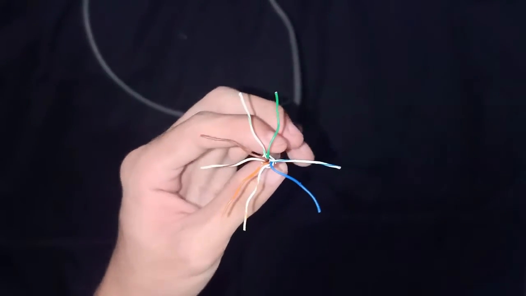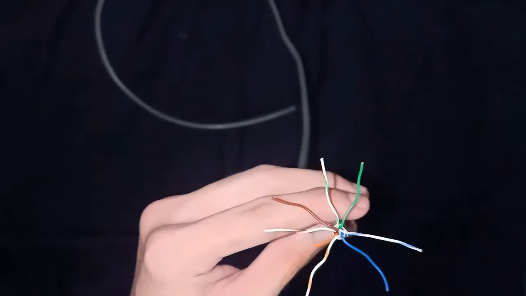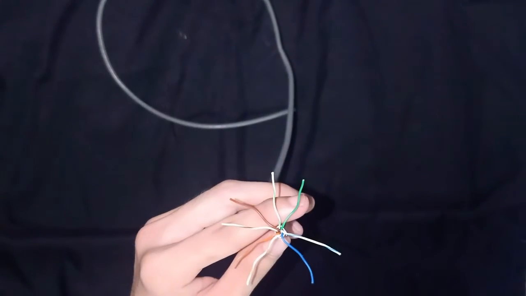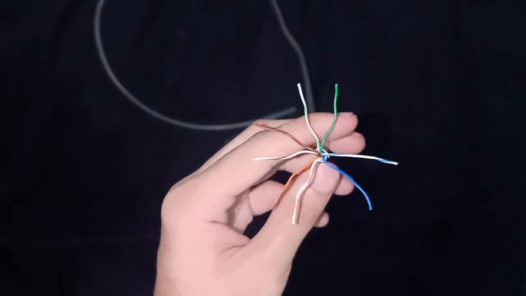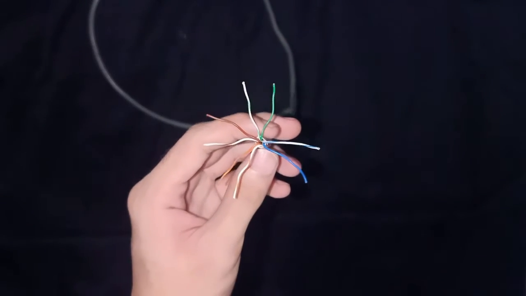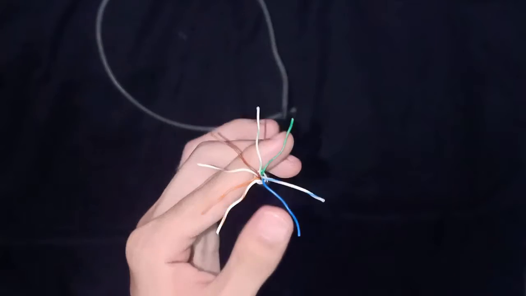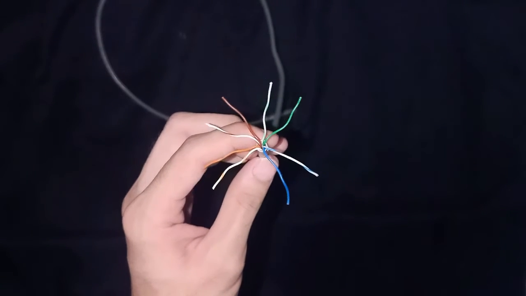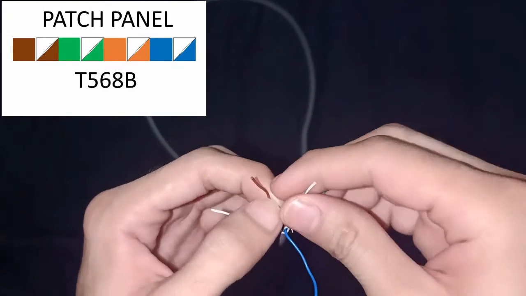This is the second step. Third step, I think. And the fourth step is to arrange the colors for the patch panel using the T568B color order. So that will be the order that you'll see on your screen. The first color is brown.